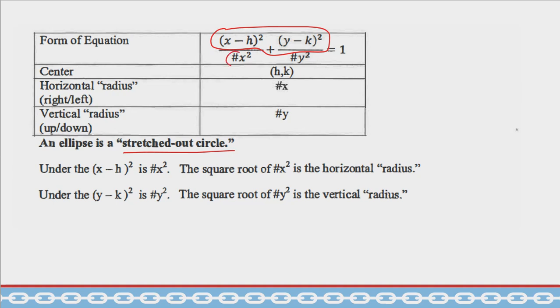This symbol right here, this pound or hashtag, is the X radius. And then this one here is the Y radius. And then we square them as a denominator. Both of those radii are in the denominator spot of those fractions. So we have a modified version of the circle formula.